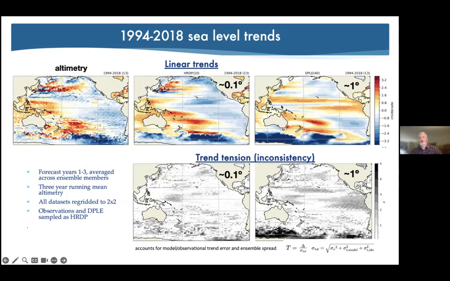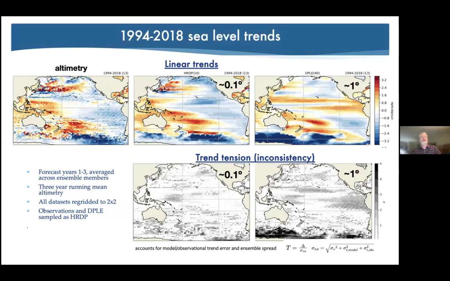But if you look at the coarse resolution 1 degree simulations, you end up with a very different trend over this 20-25 year period of time, where you actually have a trend of the opposite sign in the Eastern Pacific, and a much different spatial structure of the sea level fall in the Southern Ocean, where it's zonally uniform as opposed to happening in this patch.